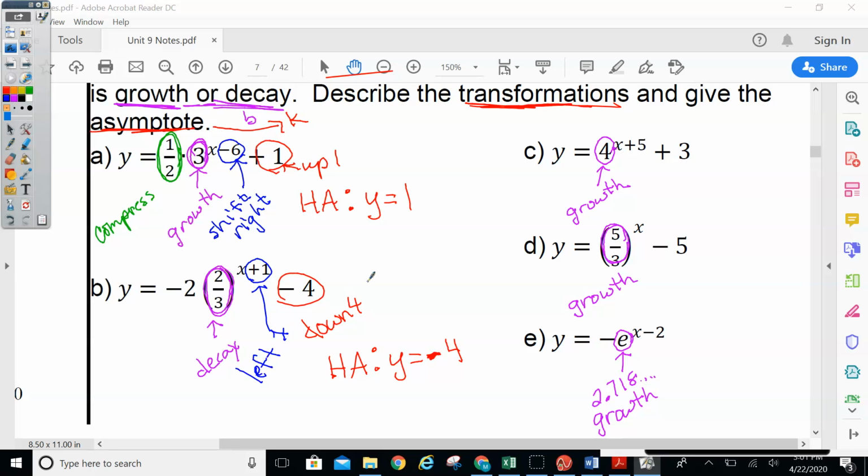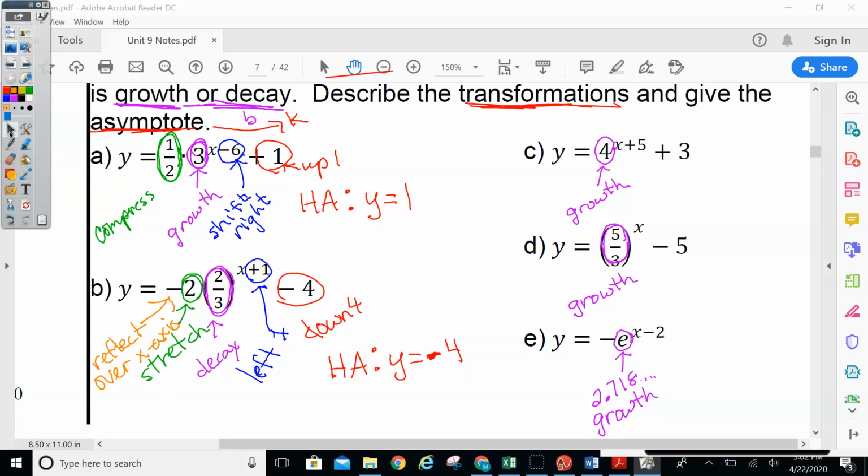The 2 in front of the fraction, just the 2 by itself, makes it vertically stretch by 2. So you don't actually multiply these two numbers together to get the base. Order of operations says we have to do exponents before we multiply, so you can't just multiply them together. And then notice here there's a negative in the front, which makes it reflect over the x-axis.